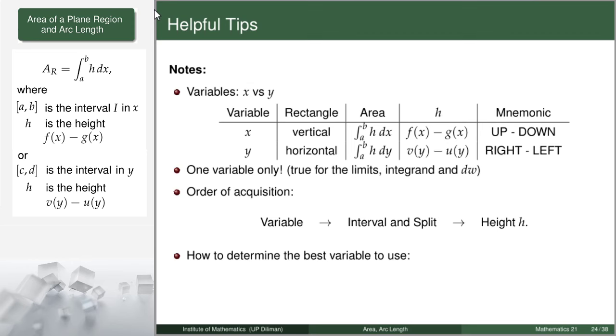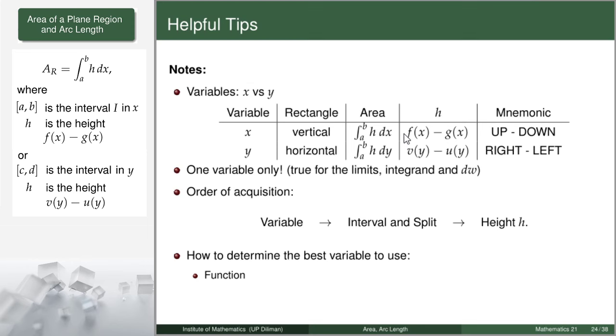If we did not say anything about finding, or we did not say you will use a particular variable or a particular analysis, whether vertical or horizontal, a good way to know which variable to use are the following. Well, the first one is the function. You know that if you're going to use the variable x, you need to isolate y.